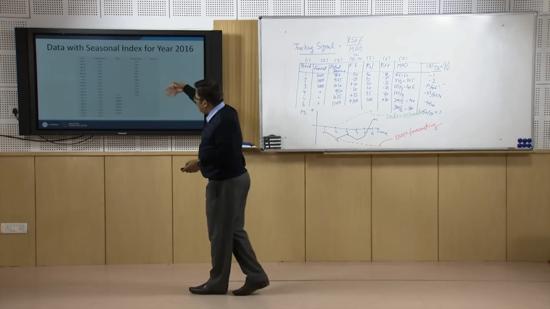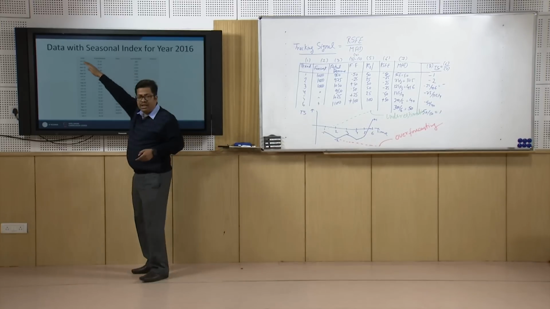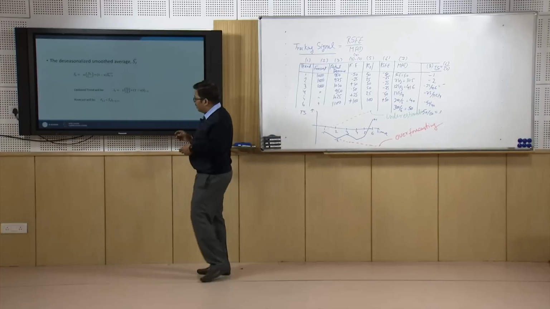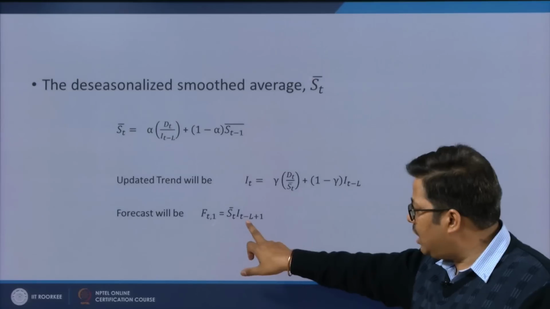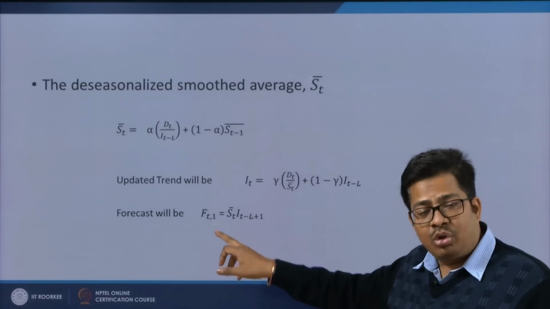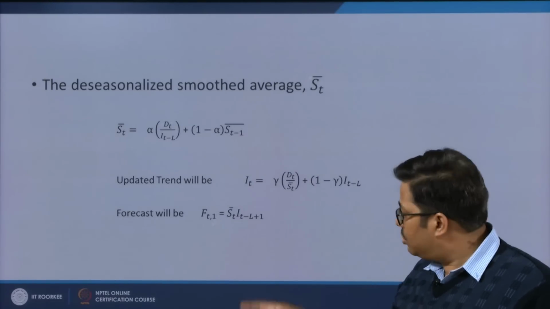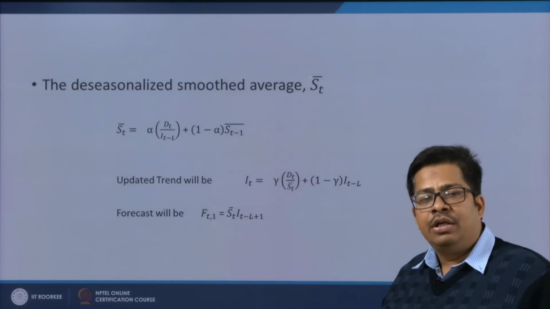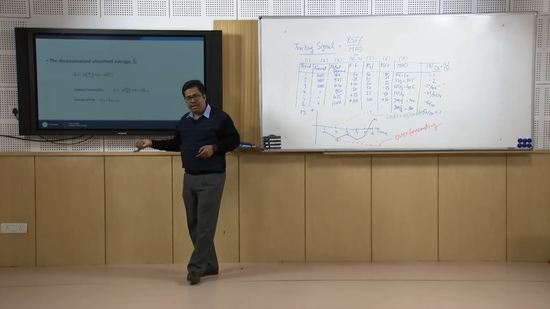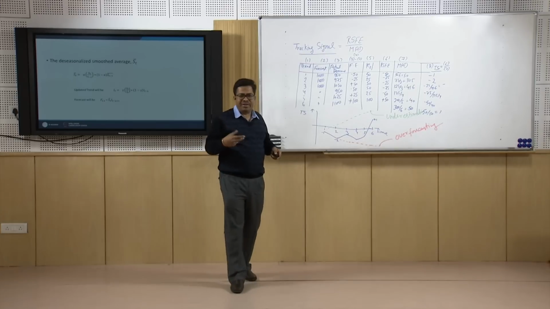So, since we are considering the monthly data, L is 12. Now, this formula says T minus L. If I am talking of July 2017, T minus L will be July 2016, and plus 1 means August 2016.